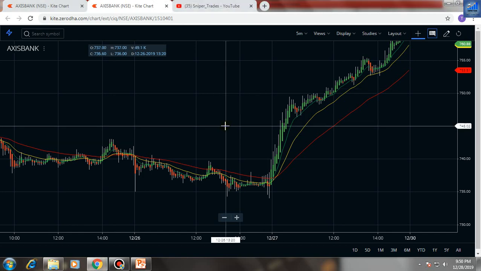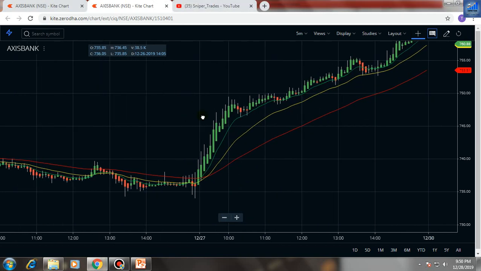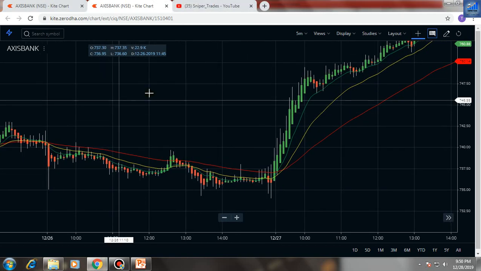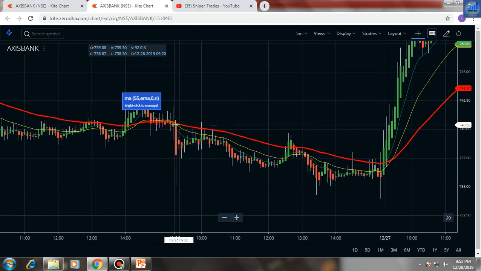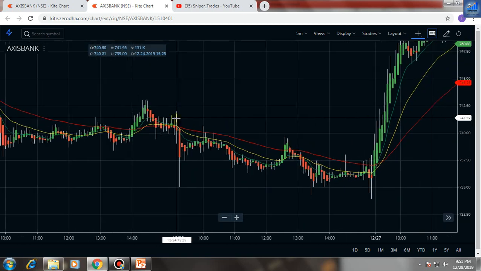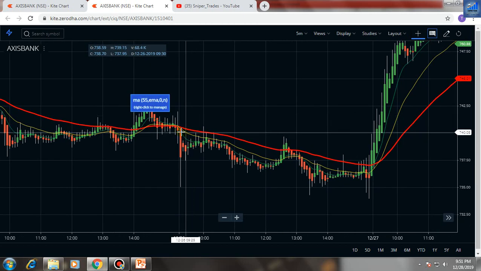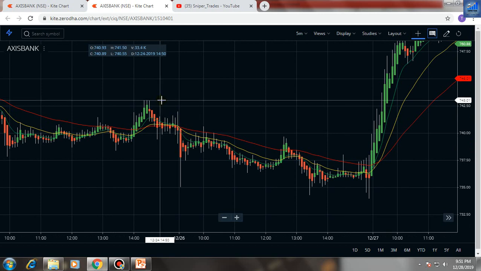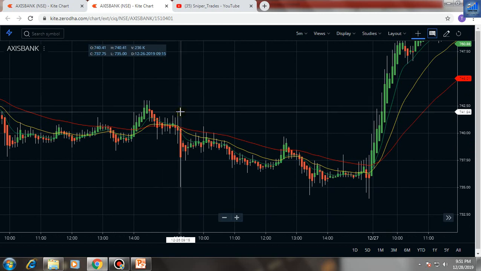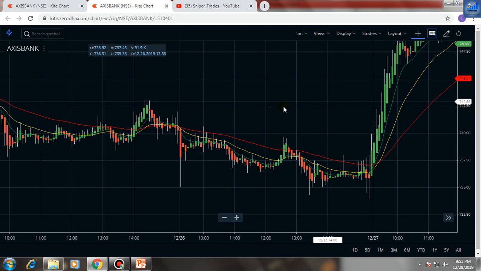And for the people who are asking how the stop loss is placed, if we are taking a short position, we can consider placing a stop loss at a recent high at around this level or this level. We can consider placing the stop loss at this level and waiting with the position.